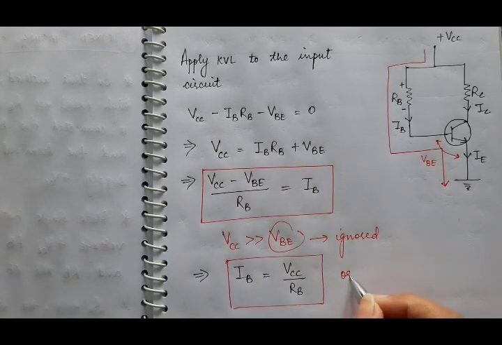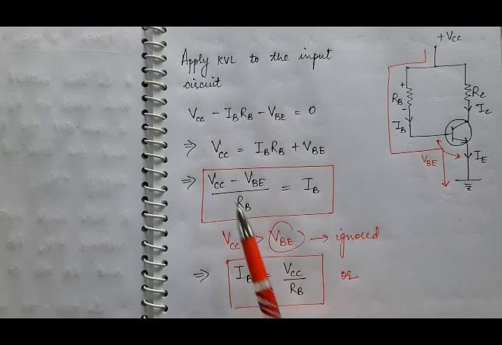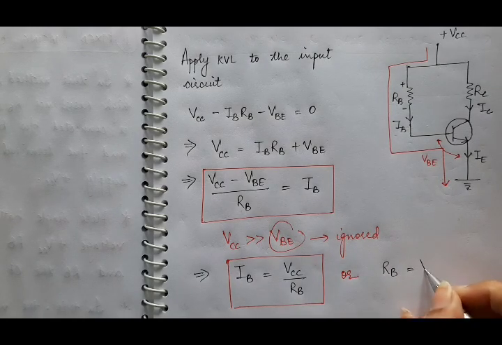Or from this expression, if the value of RB and VCC is given, then you can calculate base current, and if the value of base current and VCC is given, then you can calculate the value of base resistor, that is RB. So what will be RB? RB will be VCC upon IB.